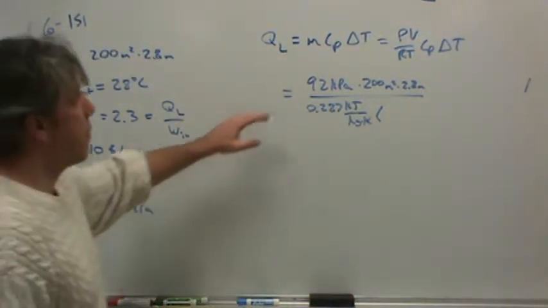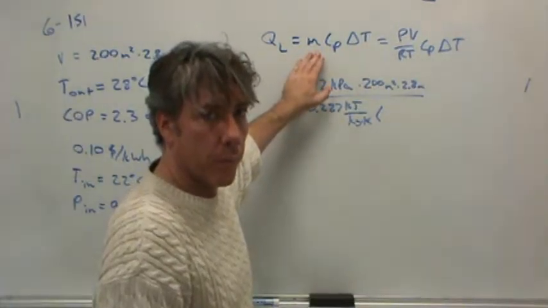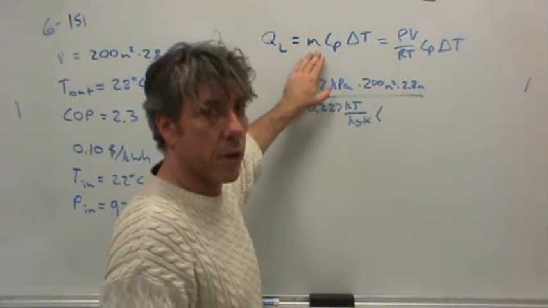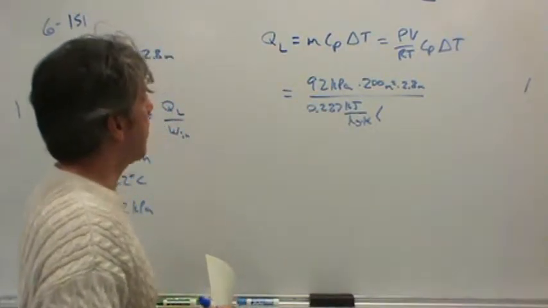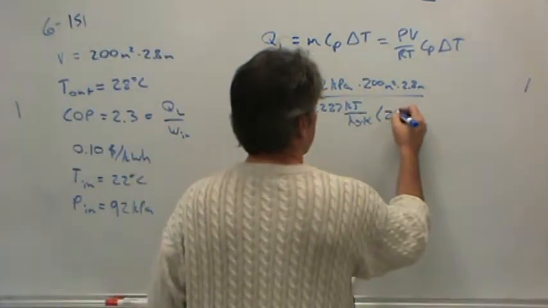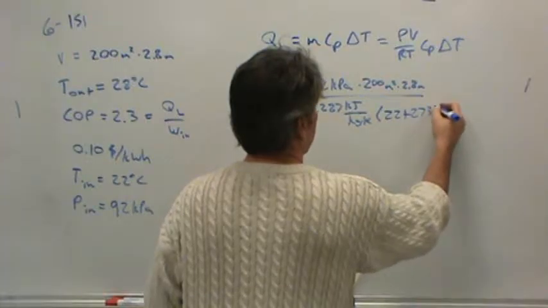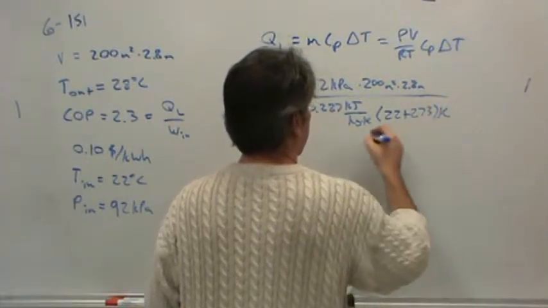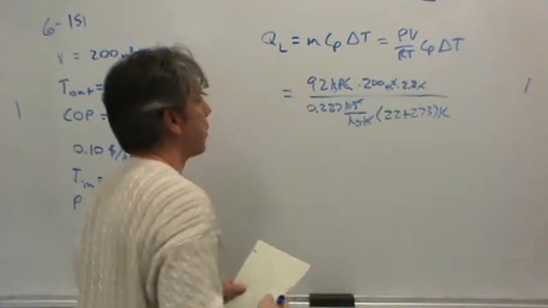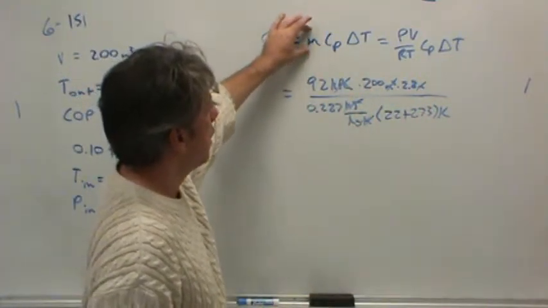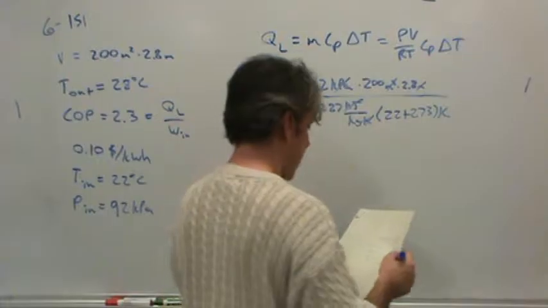Well, we're talking about the mass of the air in the home. The mass of the air in the home is maintained at 22 degrees Celsius. So what that means is that we're talking about 22 degrees Celsius air. Now, be careful. You have to add 273 to get Kelvin. Now, kilopascal times a cubic meter is a kilojoule, and so far, what we've done is just evaluate the mass of the air in the home.